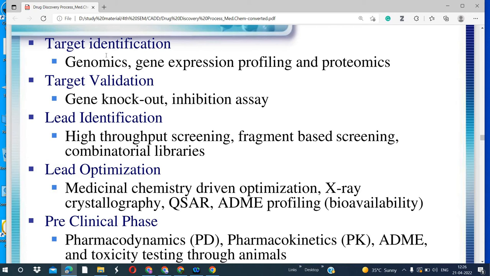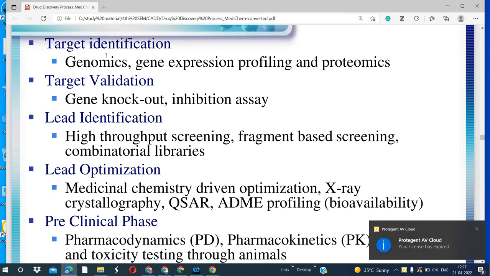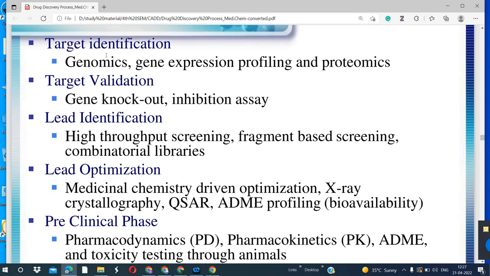This is performed using gene knockout and inhibition assays, meaning we inhibit a particular molecule. Like among 5 targets, we eradicate 4 targets, or we eradicate one by one. Then only can we check which target is actually working, which target should be inhibited.